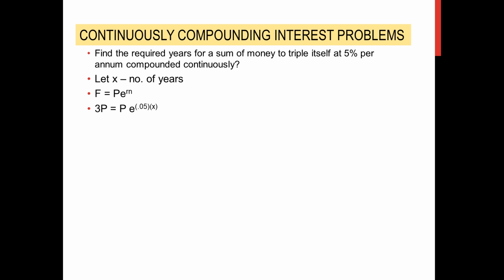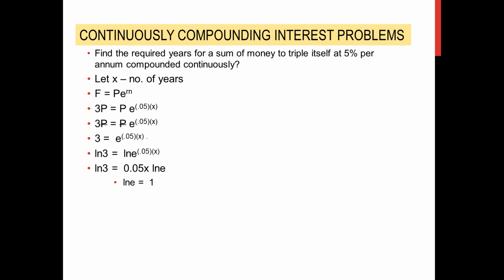So just the same, we will cancel P on both sides of the equation, and then apply the natural log, because ln of e is equal to 1, so that we can also bring down 0.05x.